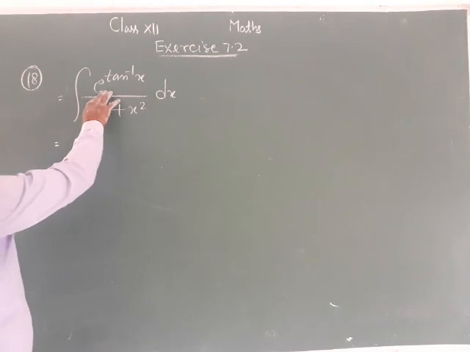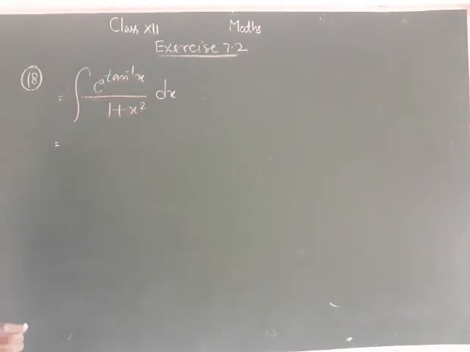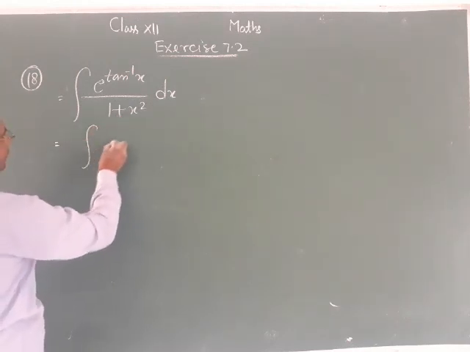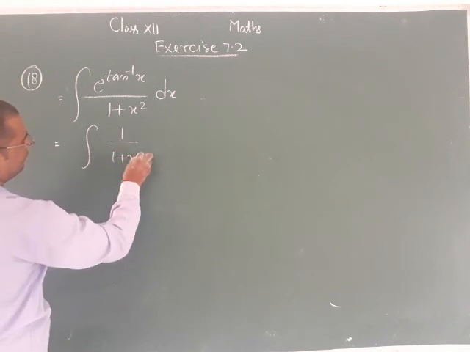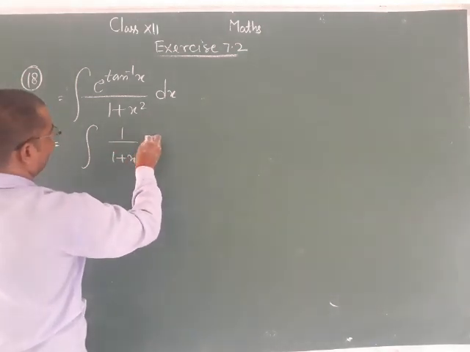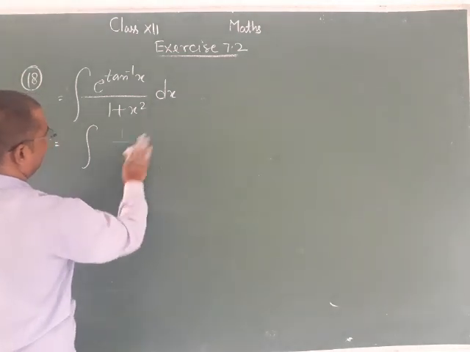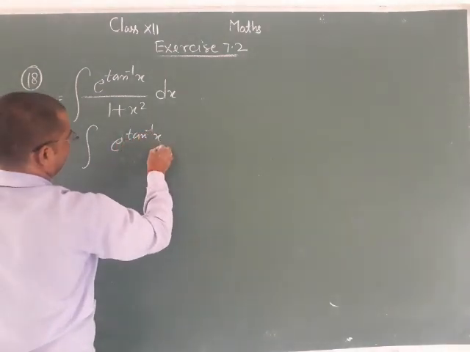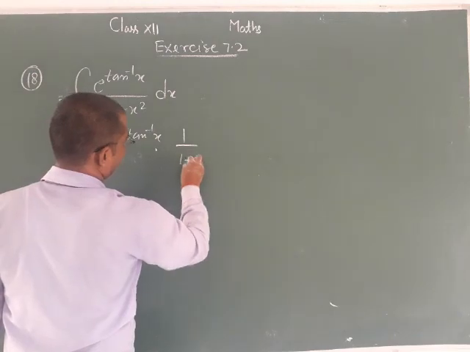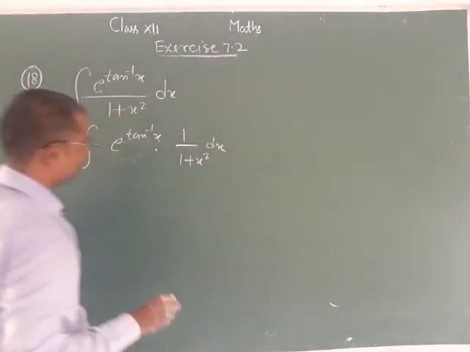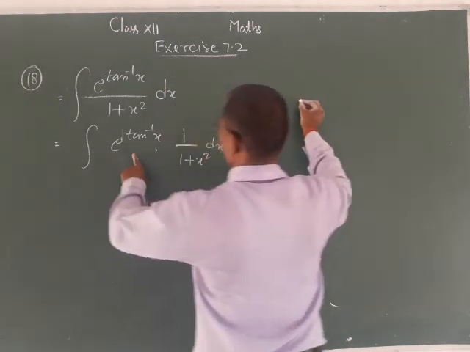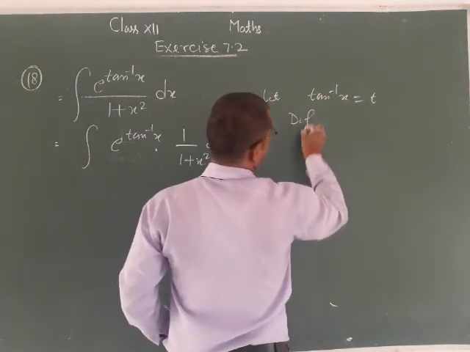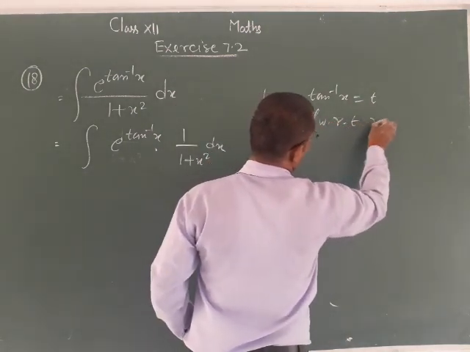Integration of e to the power tan inverse x upon 1 plus x square dx. We can also write the integral of e to the power tan inverse x times 1 upon 1 plus x square dx. Now let tan inverse x be equal to t, and differentiate with respect to x.